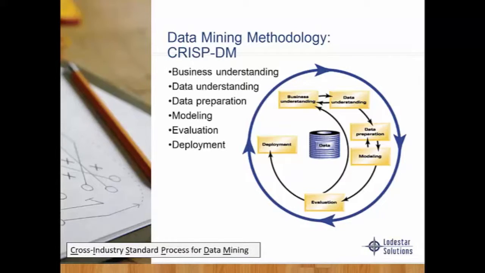When you deploy, there are lots of different ways of doing it. You can create a process that scores your incoming data. Maybe you've got a database of potential customers. You score that database and it comes up with a prediction for which customers are likely to respond and which ones aren't. So now you've got an actionable table that you can use to drive your sales activities or your employee retention activities and things of that nature.